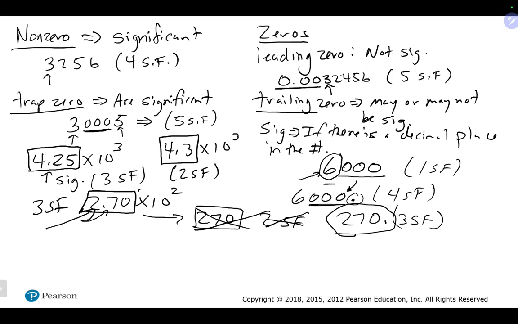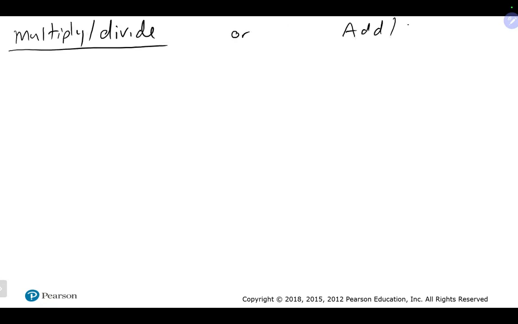Now, important as well, we'll talk about it now, is actually doing calculations involving significant figures. When we do calculations that involve significant figures, there's really kind of 2 types of calculations that we do. We multiply and divide, or we add and subtract.